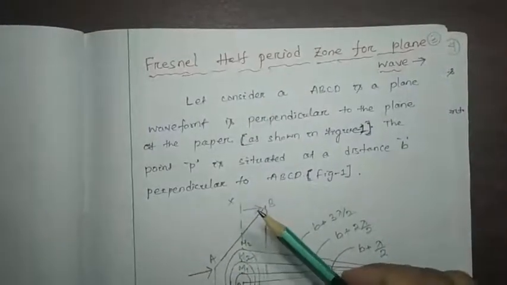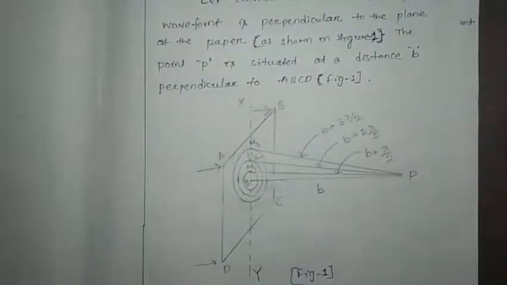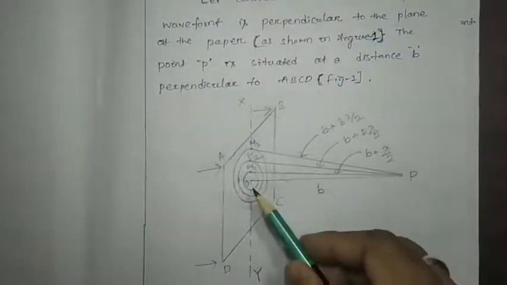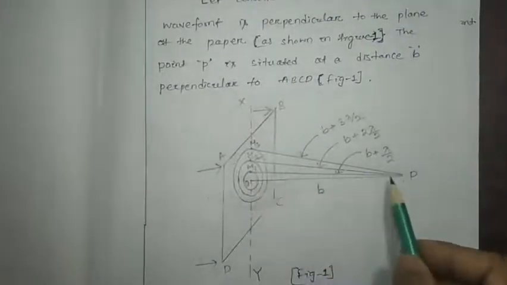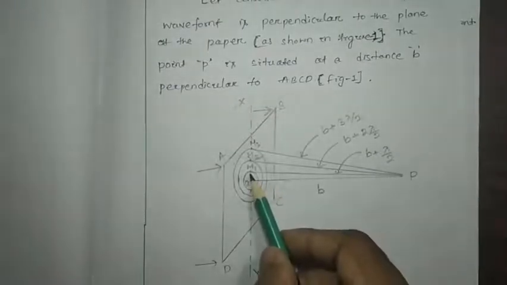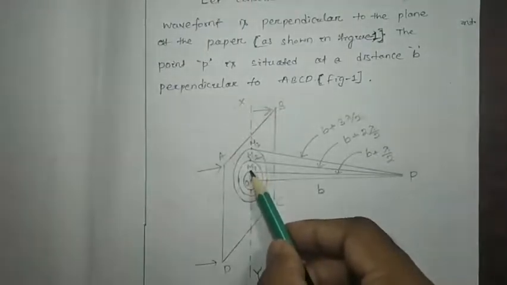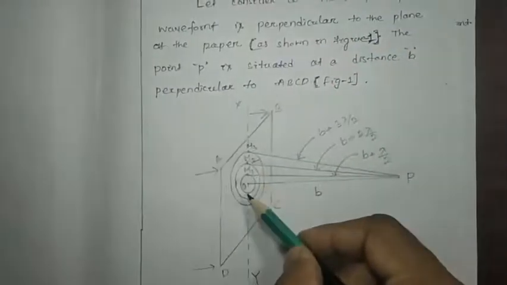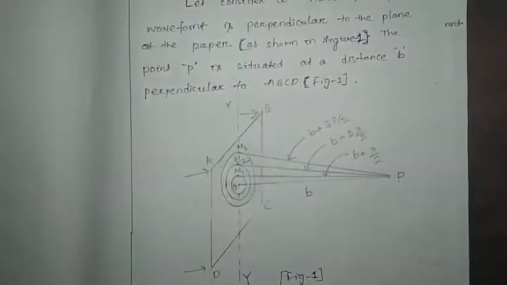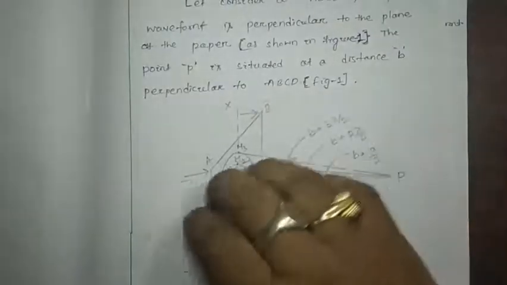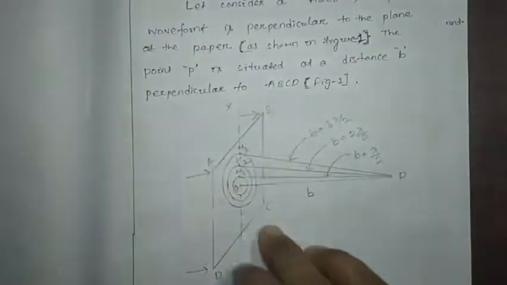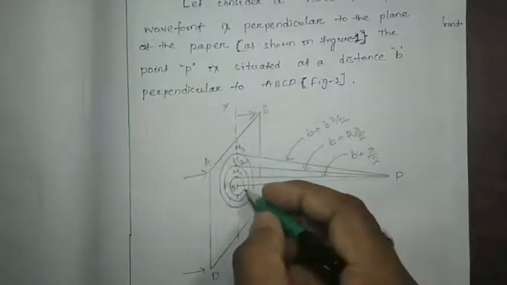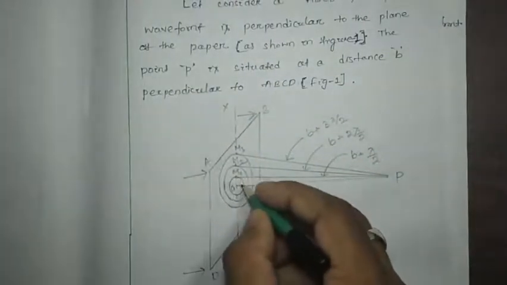Suppose this is the plane wave, and a sphere of different radius. We have to consider PM1, one sphere, if it is like this much, and if it cuts this plane wavefront, then we are going to get this area.